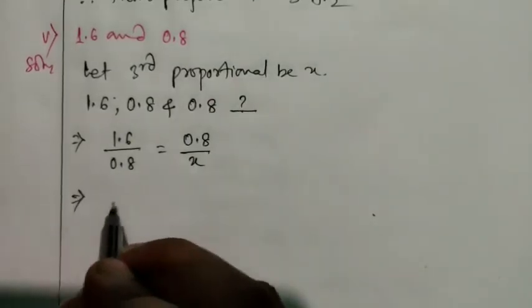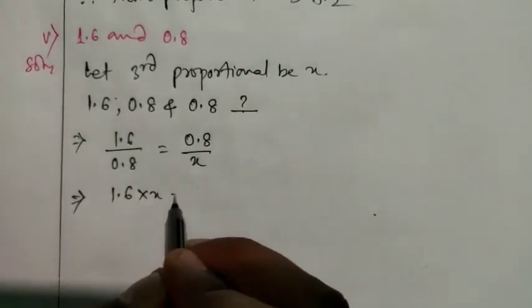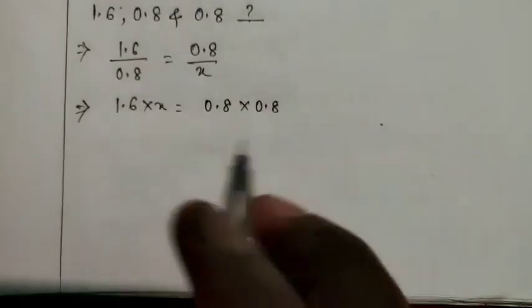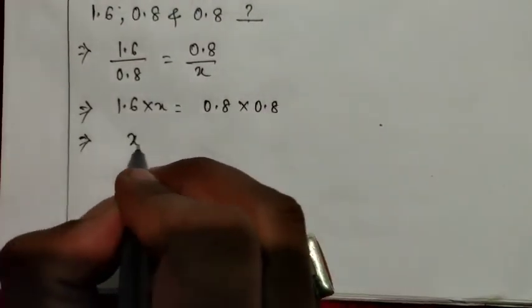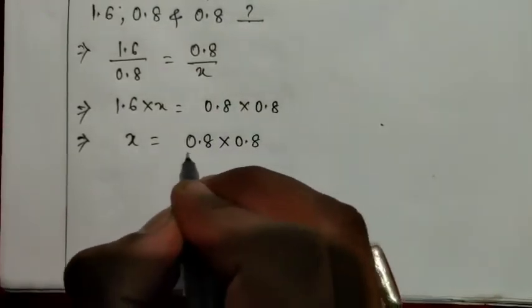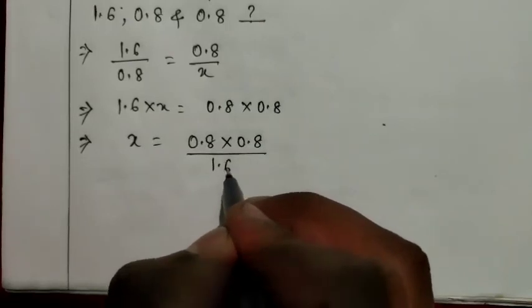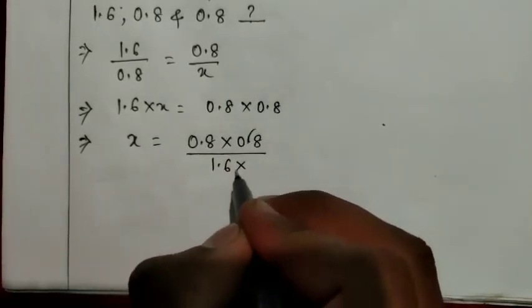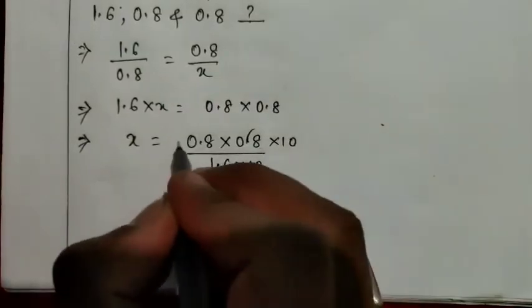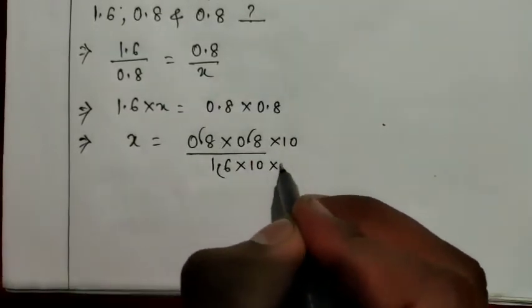We will do the cross multiplication. 1.6 into x is equal to 0.8 into 0.8. In the next step, for calculating the value of x, we will send 1.6 to the RHS. It will come here in division form. For removing the decimal point we will write 10, for removing this point we will write 10, and again for removing this point we will write 10.